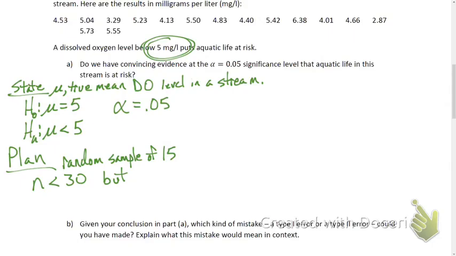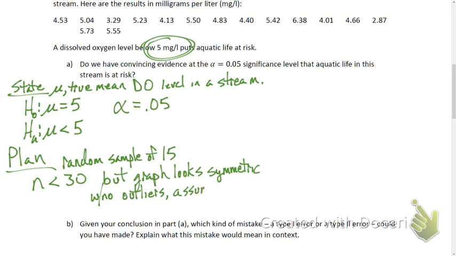So I'm going to say, but graph looks symmetric with no outliers. Assume normal.